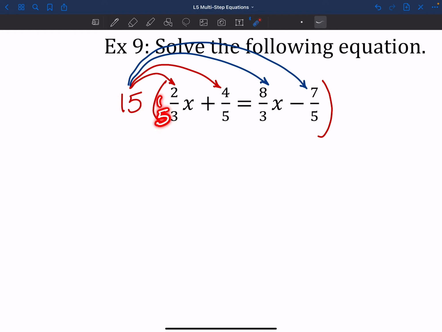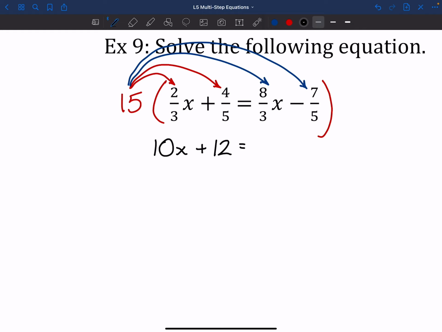Take that 5, multiply the top, which is 2. That's going to give you 10 there. So we're going to get 10x. After that, we've got 15 divided by 5, which leaves us with 3. 3 times that 4 on the top gives us 12.